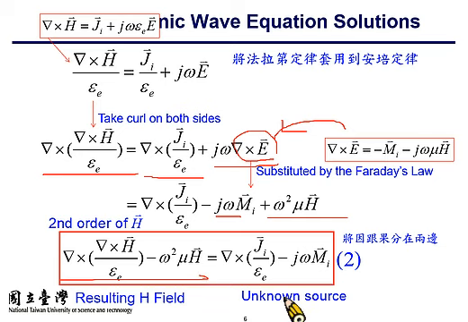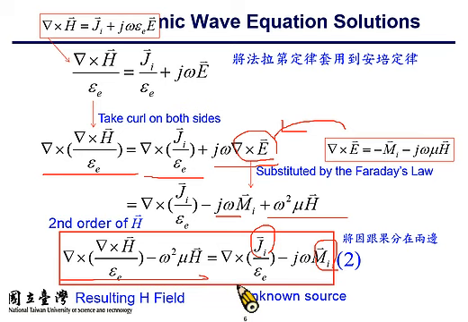The source can be electrical current, because you see Ji, and it can also be magnetic current. However, the magnetic current and the electrical current take effect in different ways.